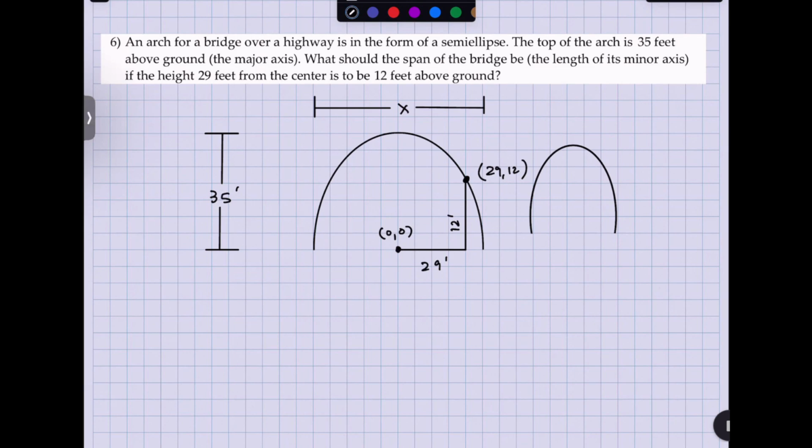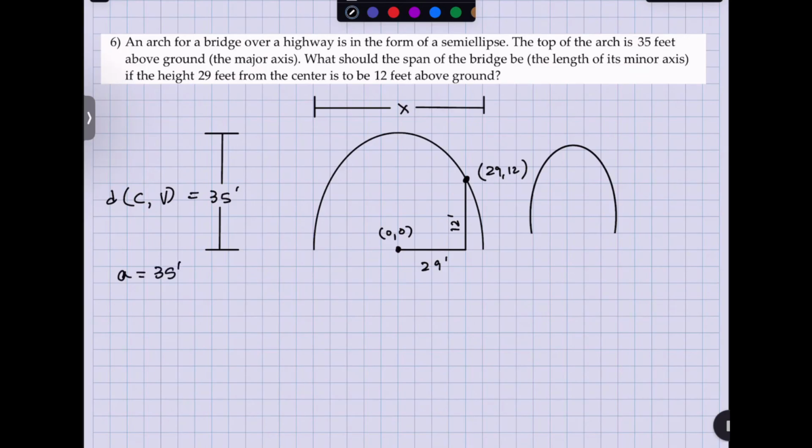So what do we know? So in other words, 35 feet is what? The vertices? Or the distance from the center to the vertices? Okay. What value is that? That's A? Okay.